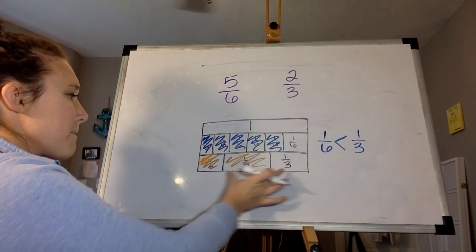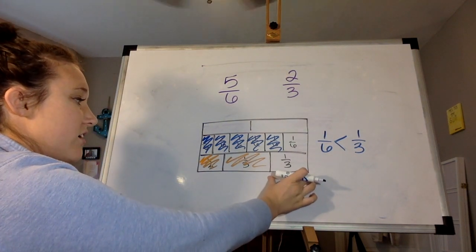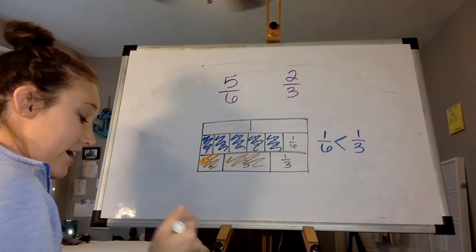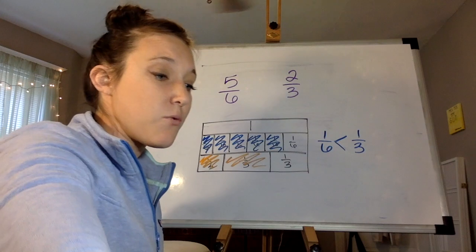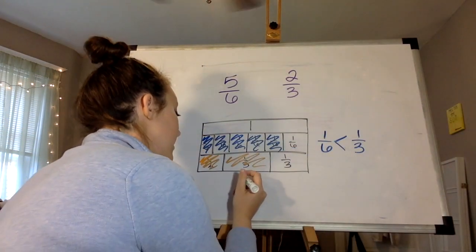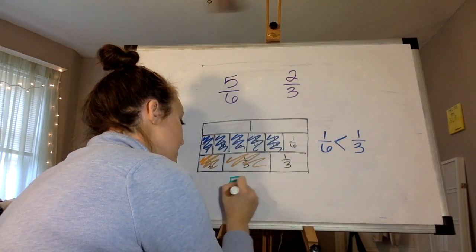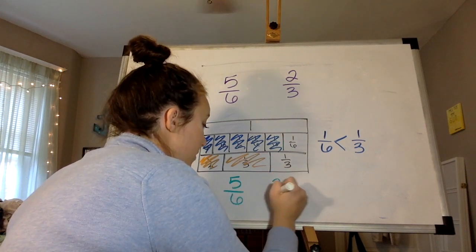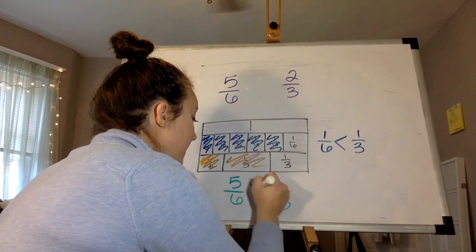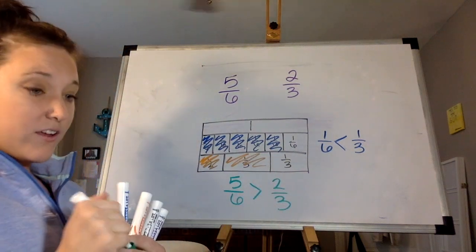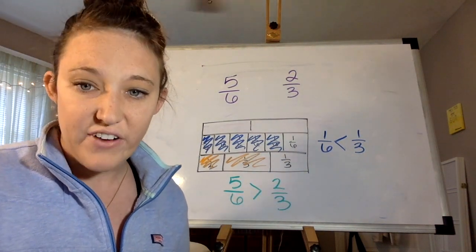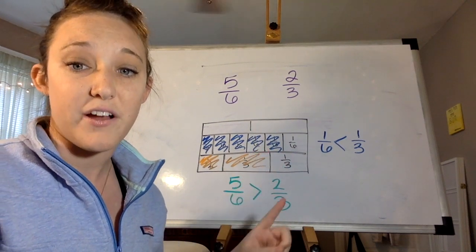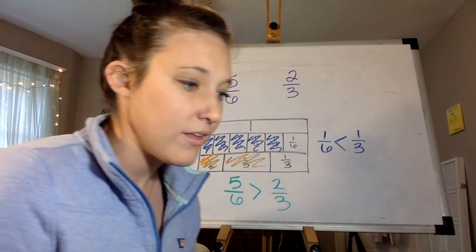So see, I'm missing a larger chunk of my thirds to get to one whole than I am my sixths. So with that being said, 5/6 compared to 2/3, 5/6 is larger. There is a smaller fraction missing from the sixth to get to one whole than there is the third, okay?